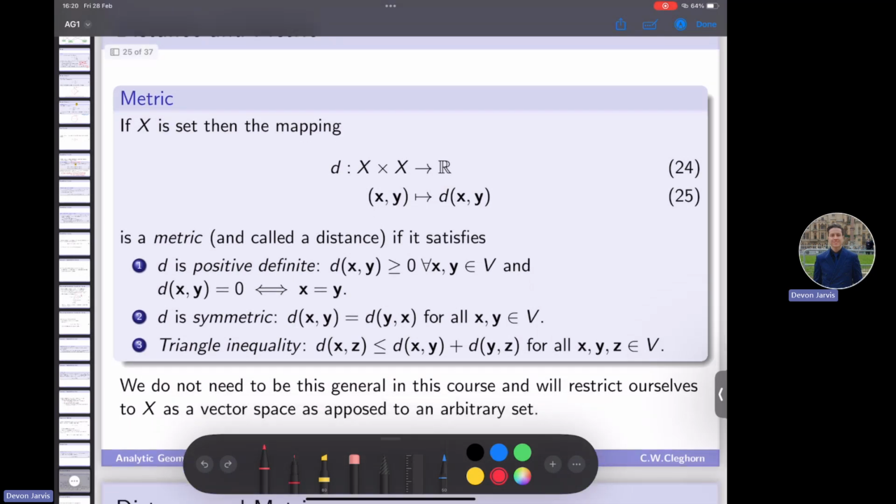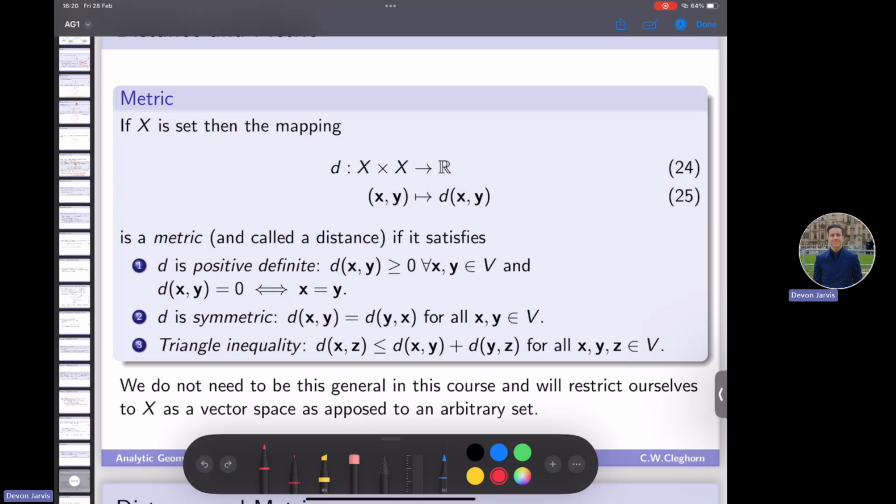So D is positive definite, such that it is greater than or equal to 0, so in that case positive semi-definite. And if the distance is 0, it implies they're the same vector.